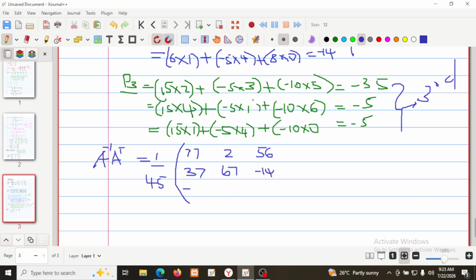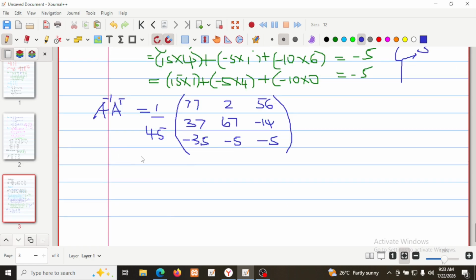Then we have negative 35, negative 5, and negative 5. So this is your answer. This is your complete answer. Also, you can write it in this format, which doesn't give any difference.